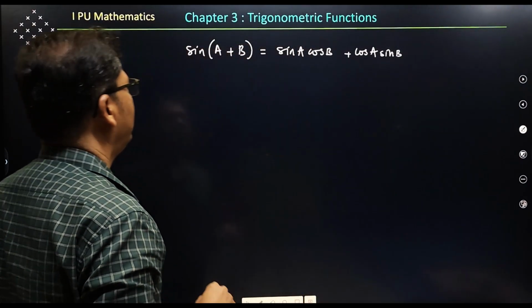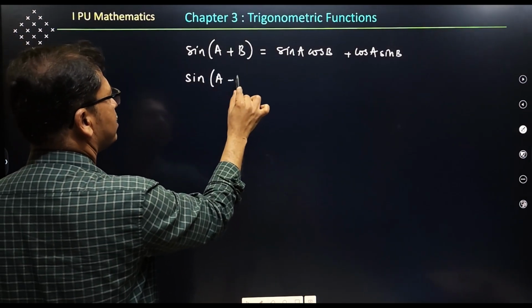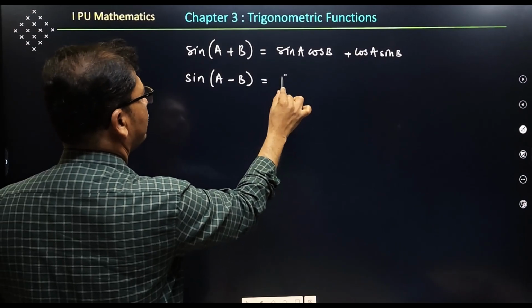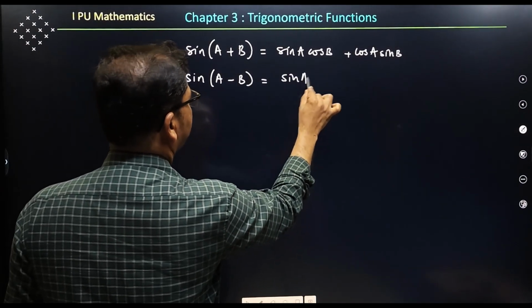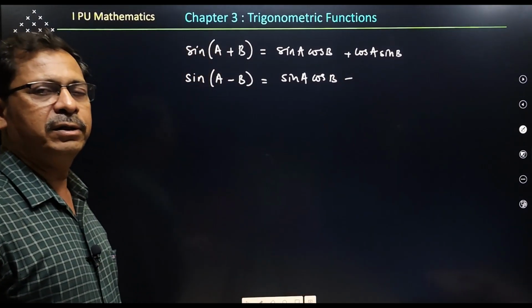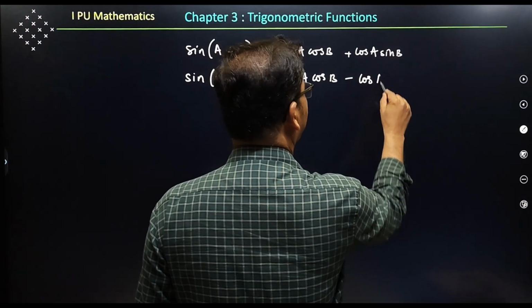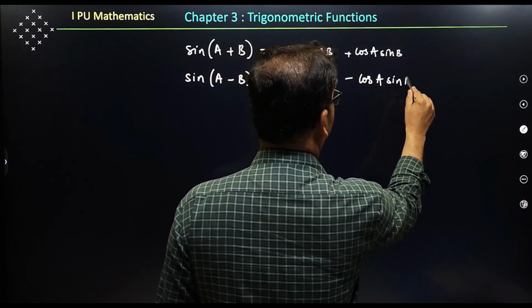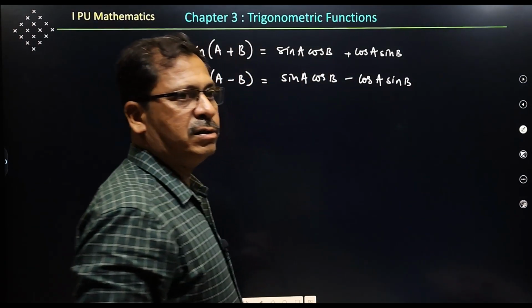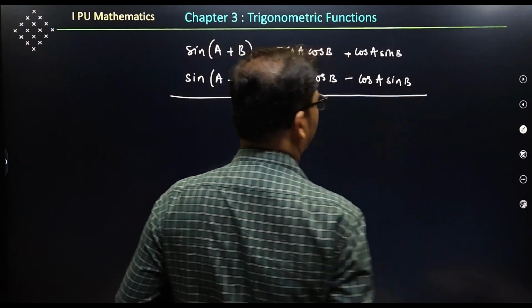Next, sin of a minus b equal to sin a cos b minus cos a into sin b. Let us subtract these two equations.